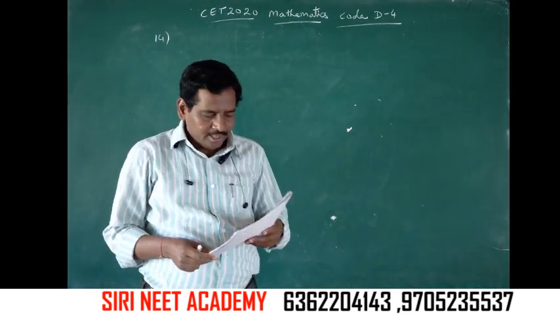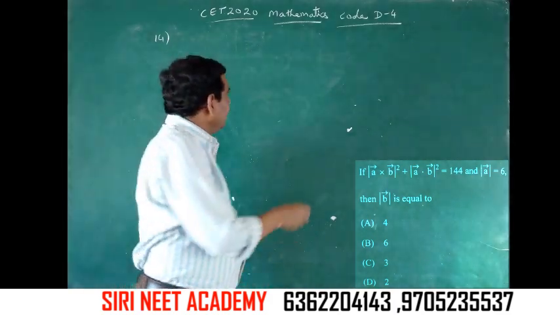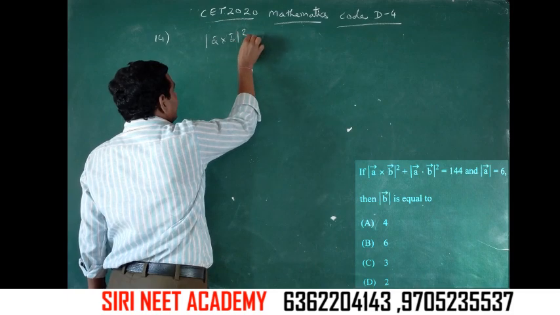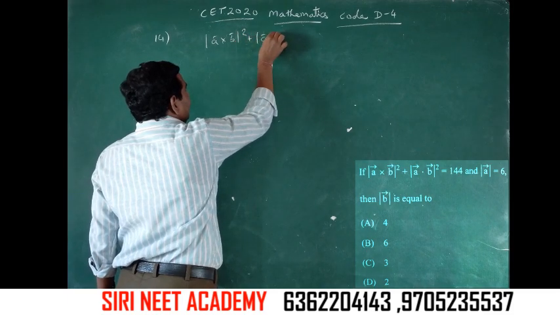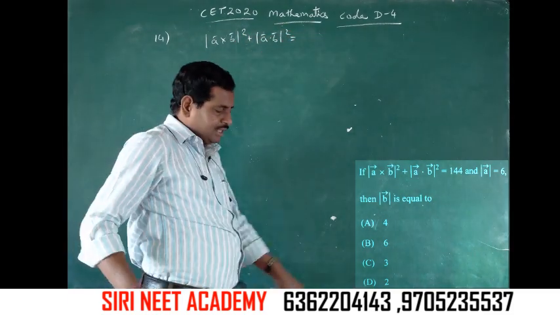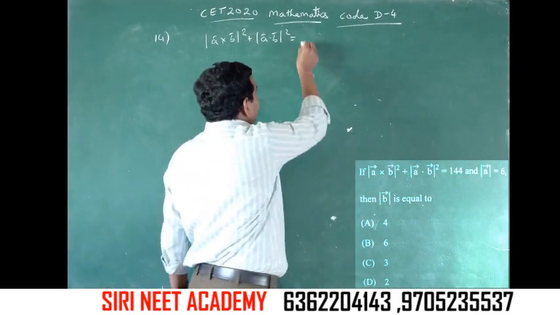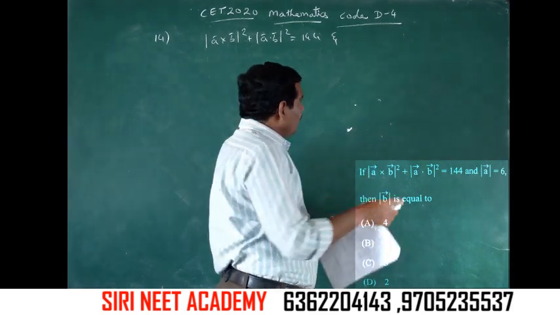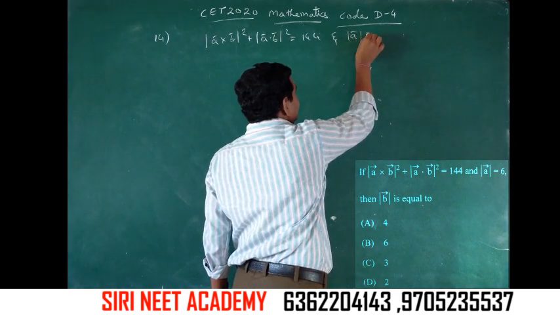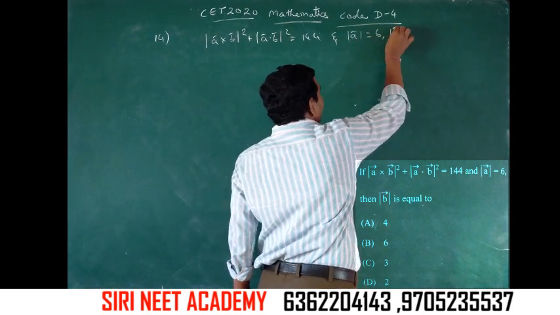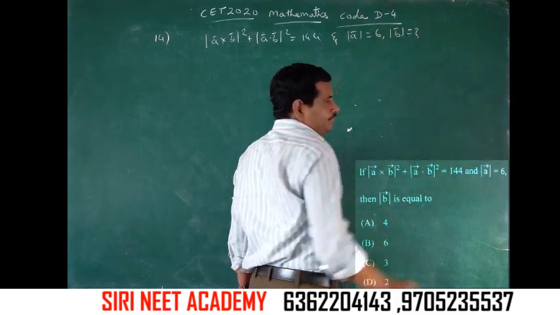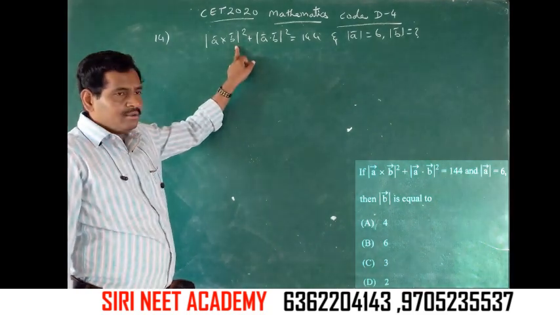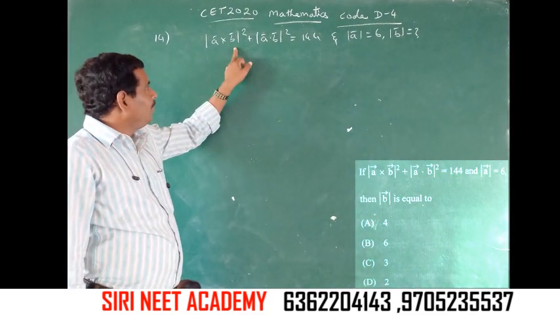Now question number 14. Mod A cross B whole square plus mod A dot B whole square is equal to 144 and mod A is equal to 6. What about the mod B value? What is the formula for A cross B? Mod A into mod B into sin theta.